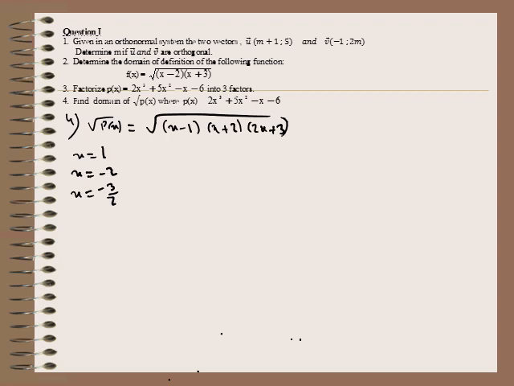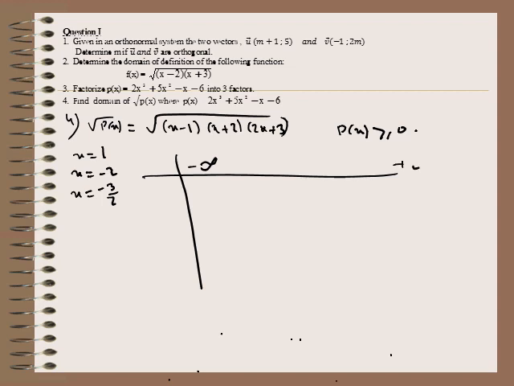The domain of definition of radical p of x is where p of x is greater than or equal to 0. So, the table: minus infinity, minus 2, minus 3 over 2, 1, plus infinity.